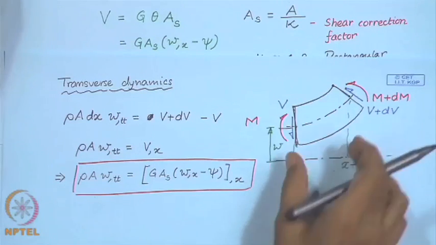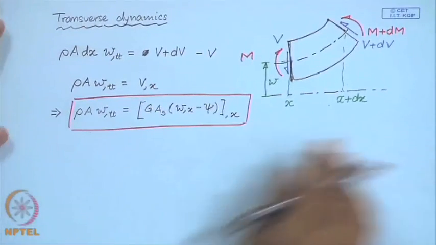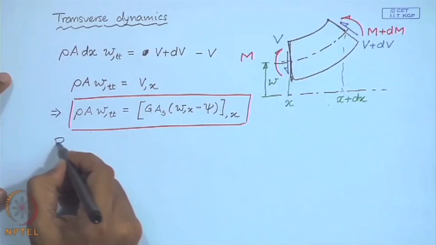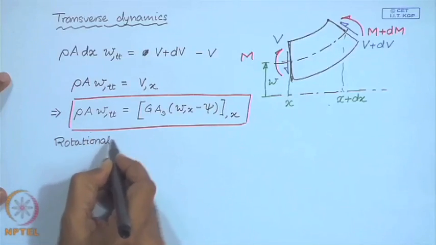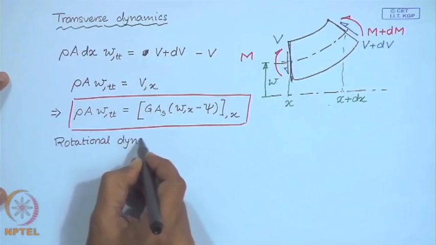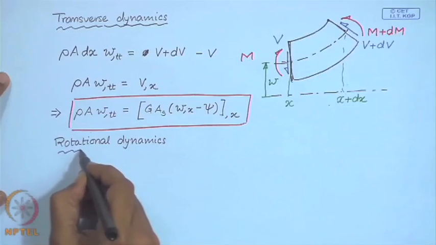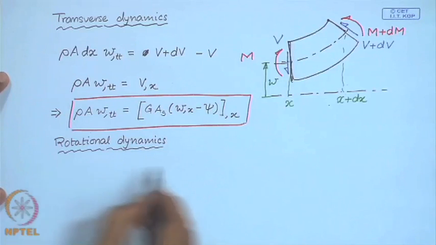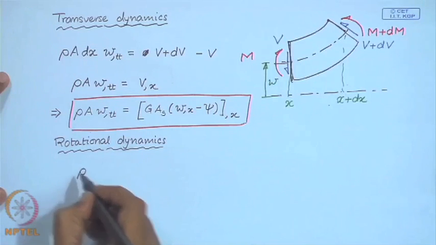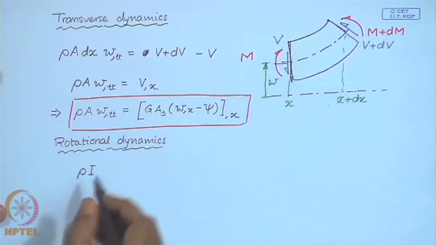Now, the next thing is the rotational dynamics. So, rho times the second moment of area about the neutral axis.